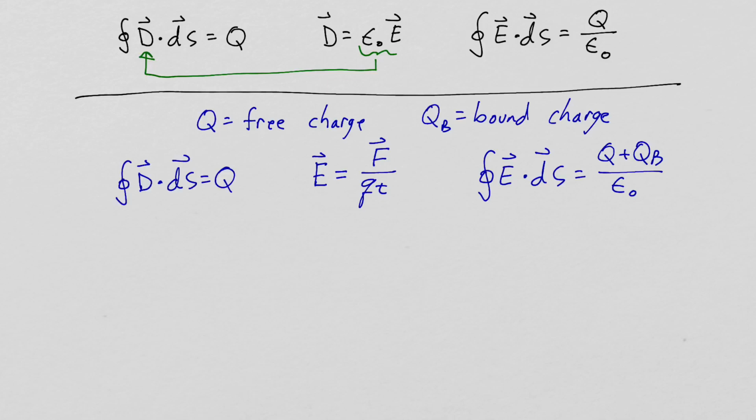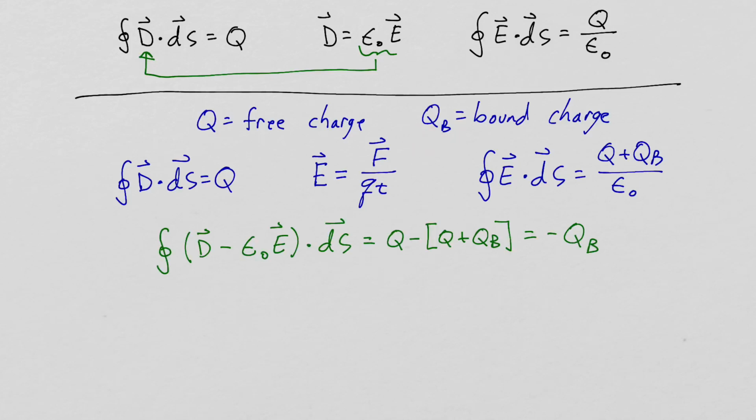Here is where we are going to introduce a distinction. The electric flux density field is going to be restricted to just coming from free charge. Since the electric flux density field is associated with the free charge, we are going to introduce a third electric field to be associated with the bound charge.